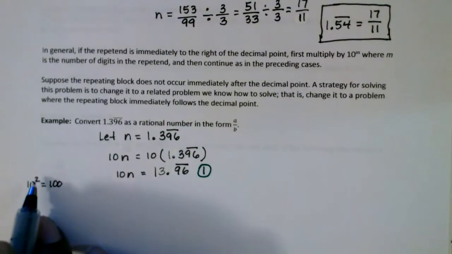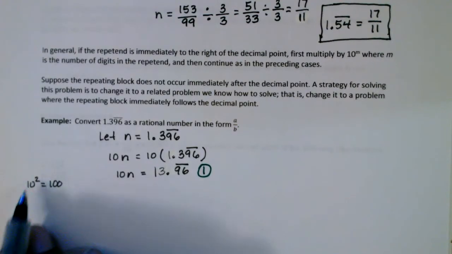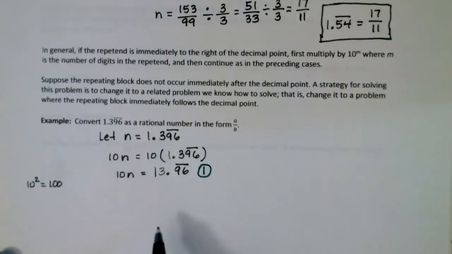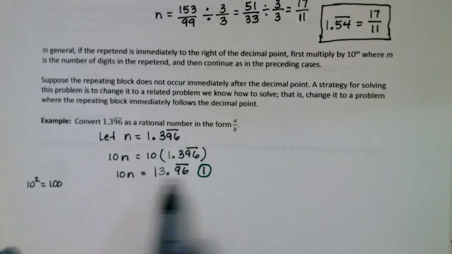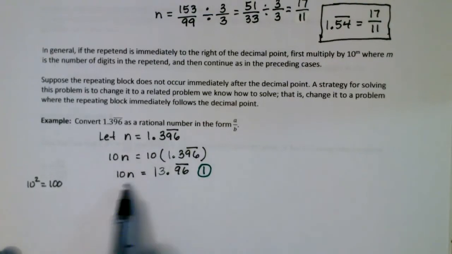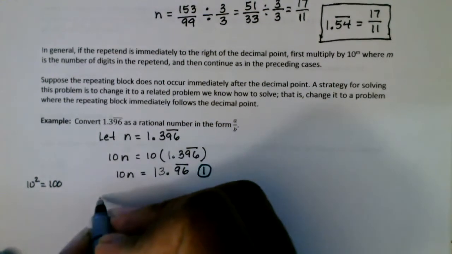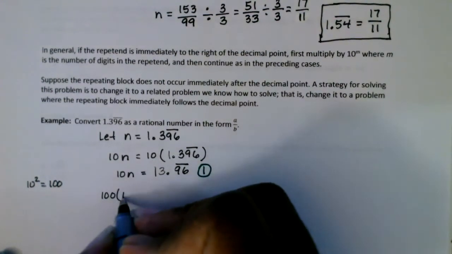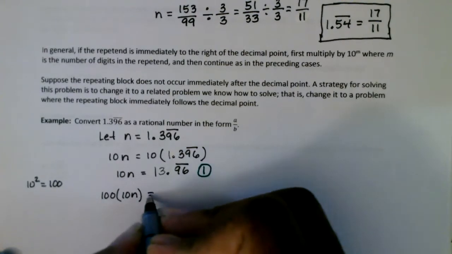Two digits repeat, so 10 to the number of digits that repeat, 10 squared, that's 100. So I'm going to take equation 1, not the original equation, but equation 1, and multiply both sides by 100.